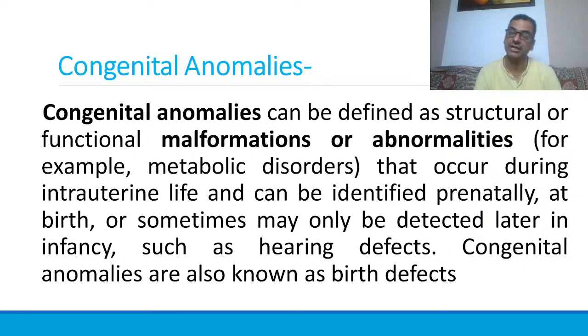Then it can be identified at birth also, and sometimes it may be detected later in infancy, such as hearing defects. Congenital anomalies are also known as birth defects. So in examination you may find the words congenital anomaly, congenital malformation, congenital abnormalities or birth defects.